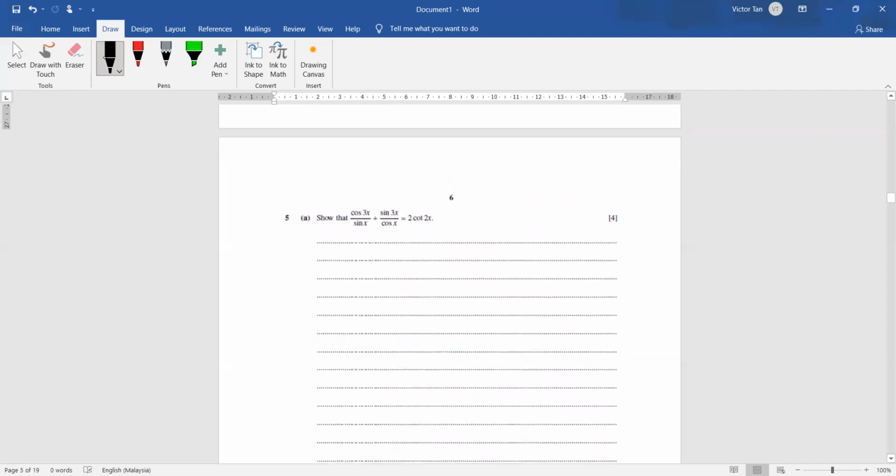So prove that cos 3x over sin x plus sin 3x over cos x equals 2 cotangent 2x. Okay, now I'm going to start with the left-hand side, which is longer. Usually you start with expressions that are longer and you simplify it to a simpler expression. Making it a single fraction, sin x cos x as the denominator, the numerator will be cos 3x cos x plus sin 3x sin x.